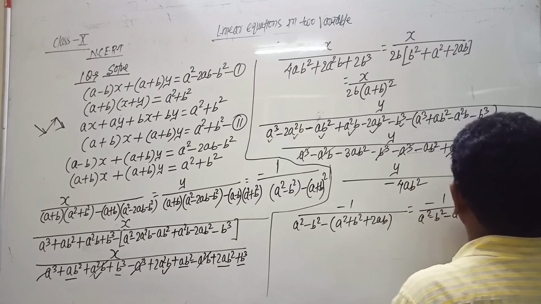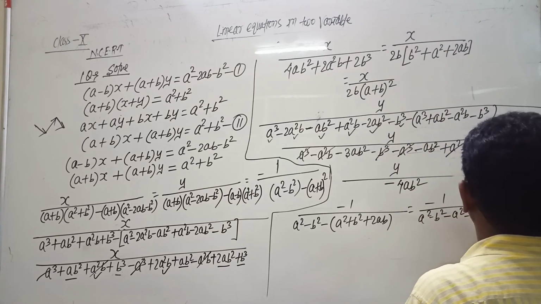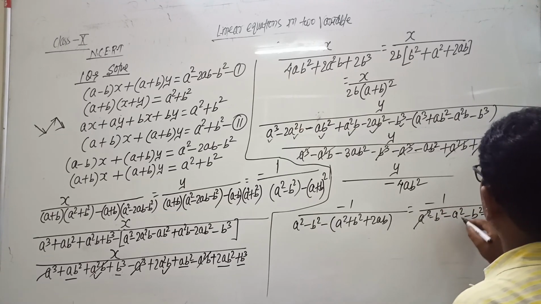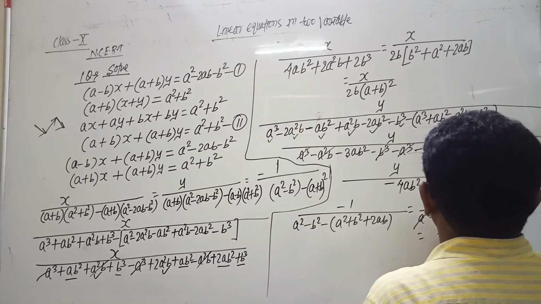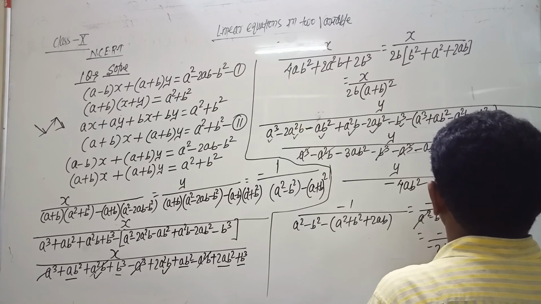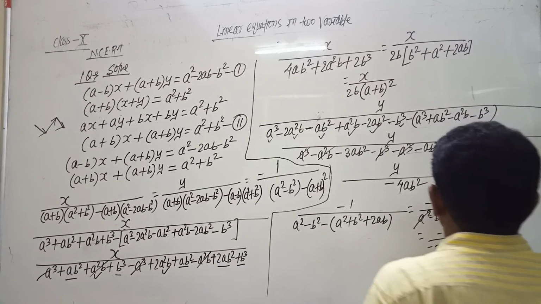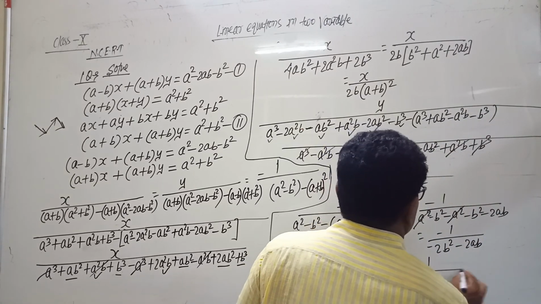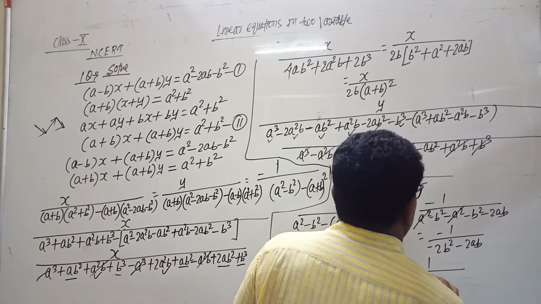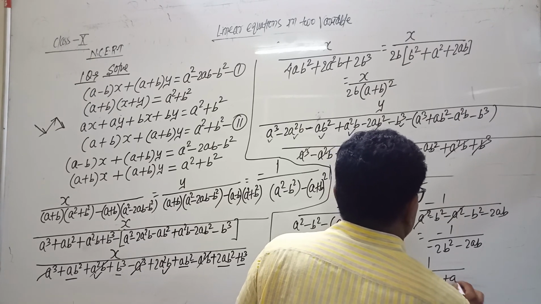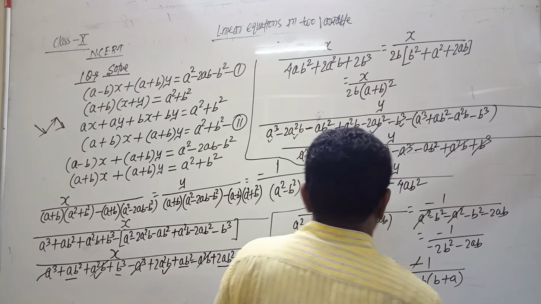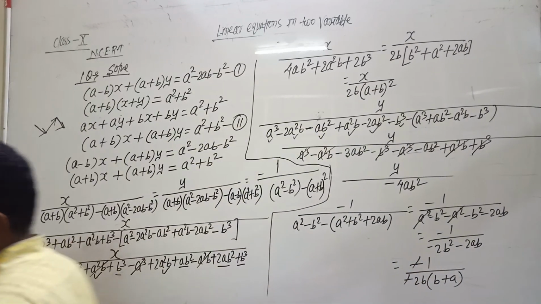Remove the bracket, minus a square minus b square minus 2ab. a square cancelled, and we get minus 1 upon minus 2b square minus 2ab, and from both the terms minus 2b is taken common, so we get b plus a, and minus gets cancelled.